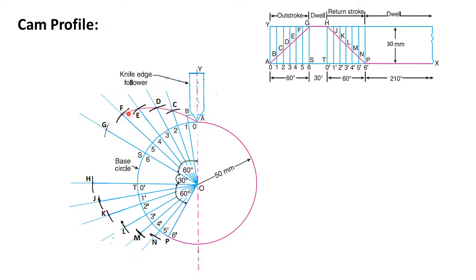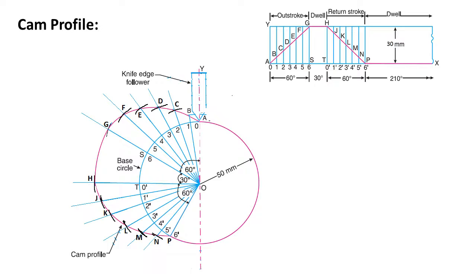Now similarly, extend the curve further through the points G, H, J, K, L, M, N and P and complete the curve here, and that will become your full cam profile for this specific problem. So this is the full cam profile we have obtained.